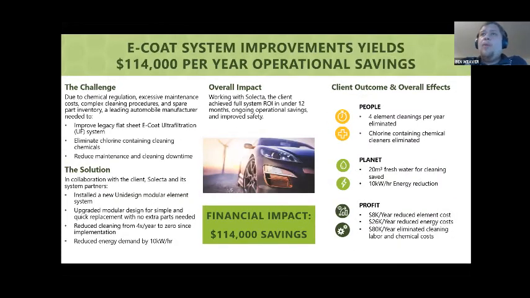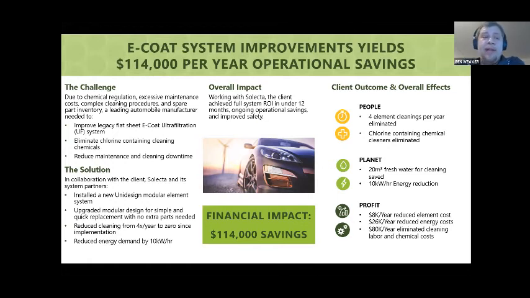Next case study, we'll go over to Europe, where a large automobile manufacturer in their ecoat process needed to improve their legacy flat sheet system. In addition, they wanted to eliminate the chlorine cleaning aspect.